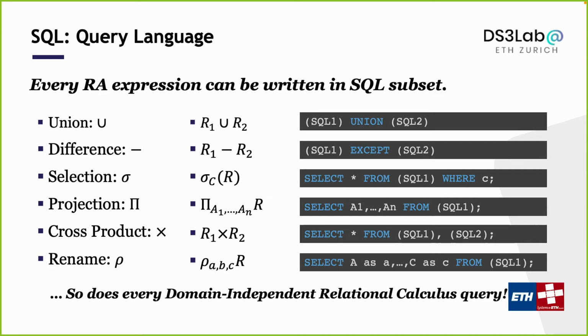Oh yes, for natural join, you just define in the where condition the natural join condition. Natural join means if you share attributes, they should be equal. You just write it down. So that's one way to do it. There's also another keyword called inner join that directly gives you that.